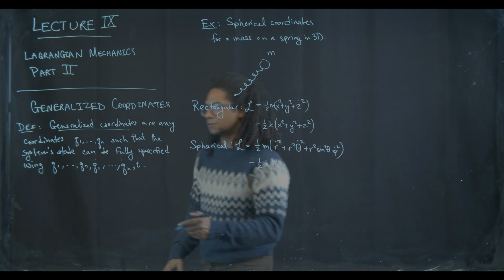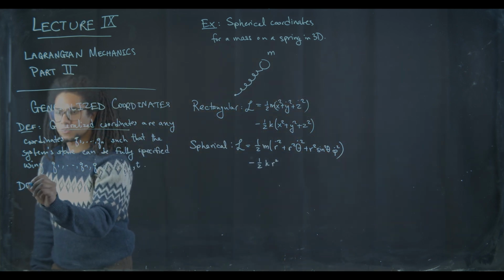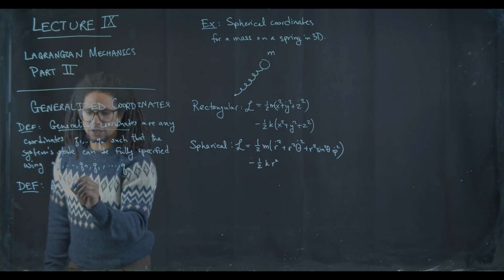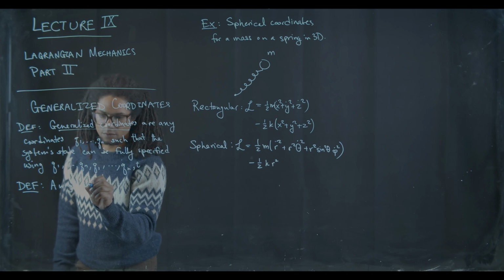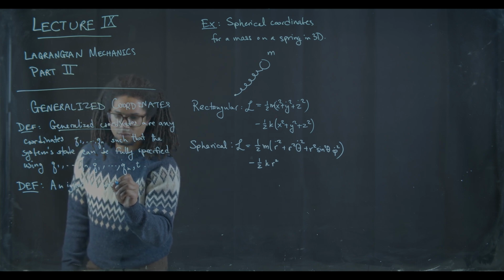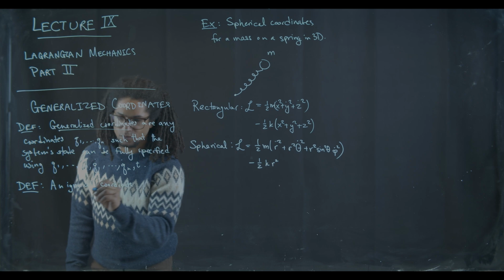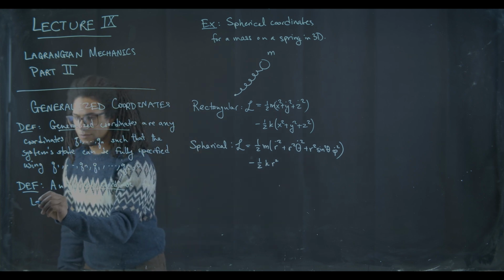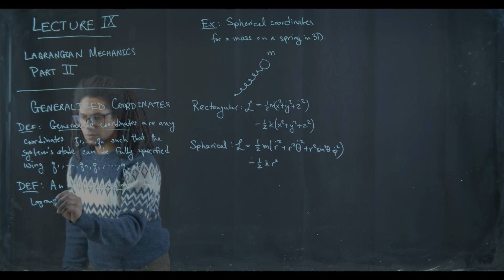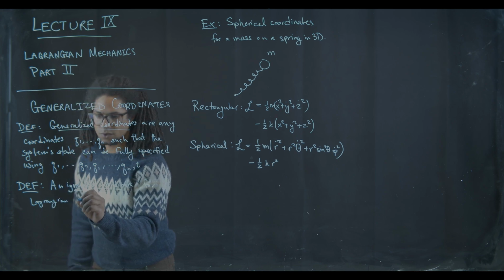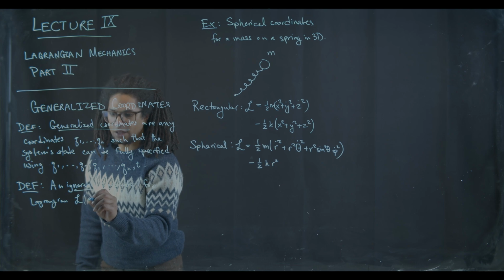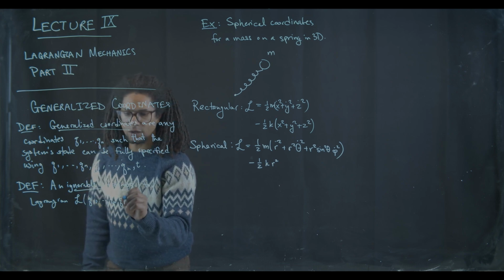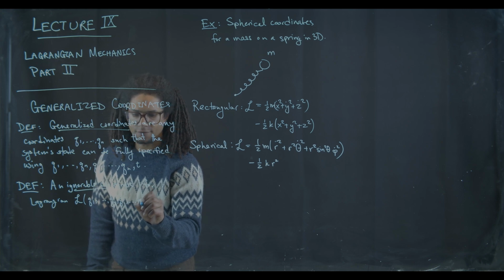Let's give a definition. So an ignorable coordinate for Lagrangian L, and I'm going to say that L depends on Q1 through Qn, Q1 dot through Qn dot.